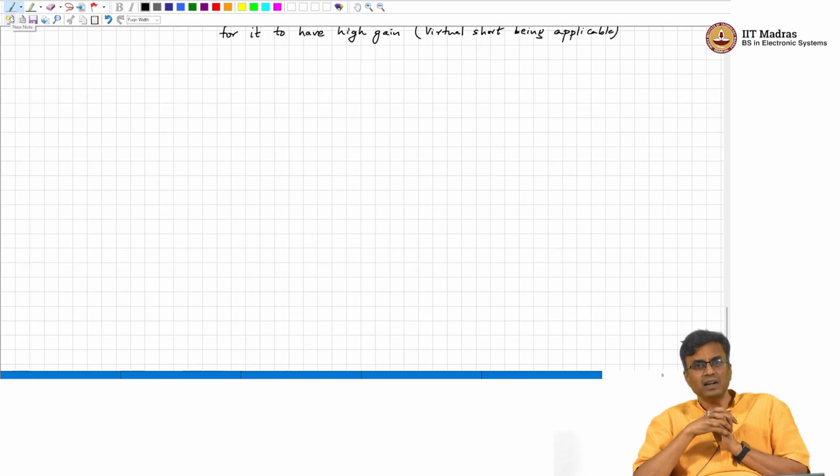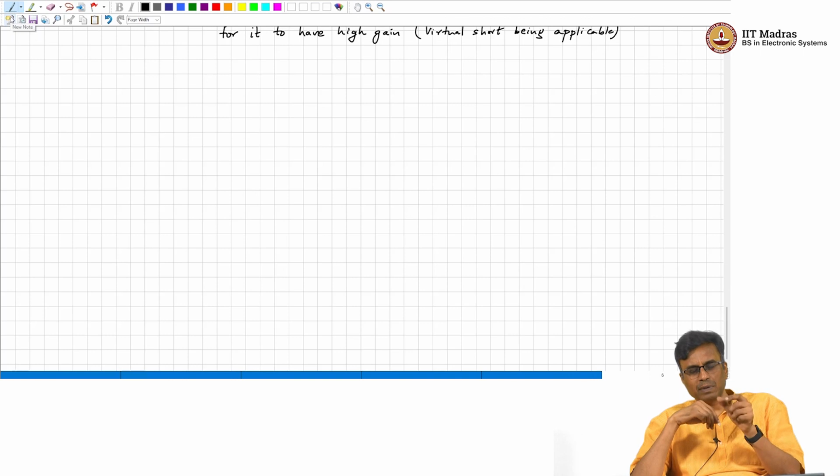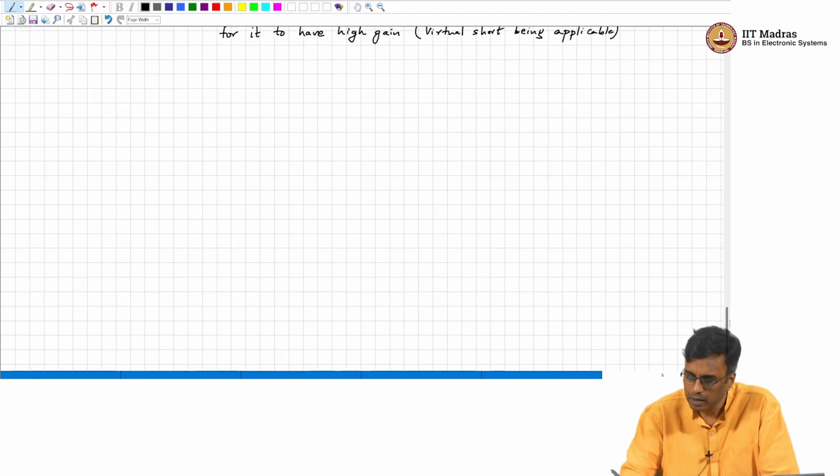There must be a DC negative feedback path around the op amp, otherwise the two input terminals can never be the same. Of course, in a practical op amp there will be some offset. So, if you measure the two input terminals, the difference will be that offset.